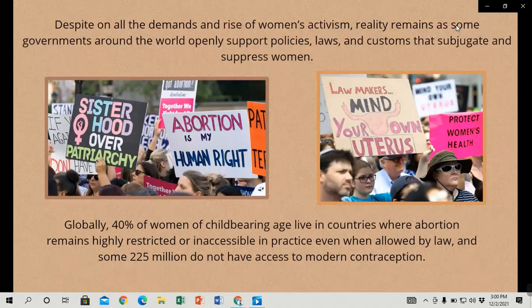So with other countries, women across the countries or even here have thought that it is their right, for example, abortion and the utilization of contraception.